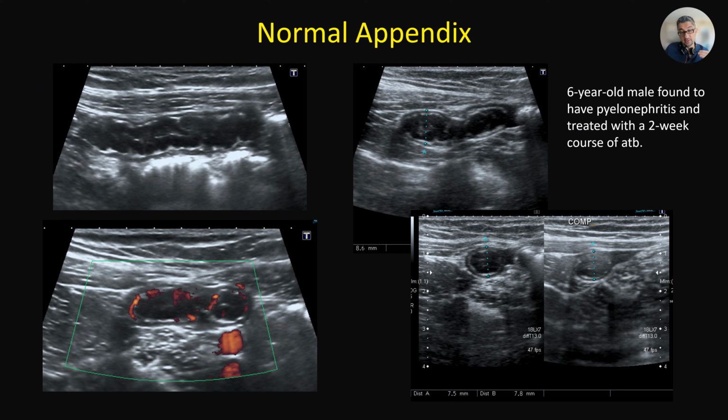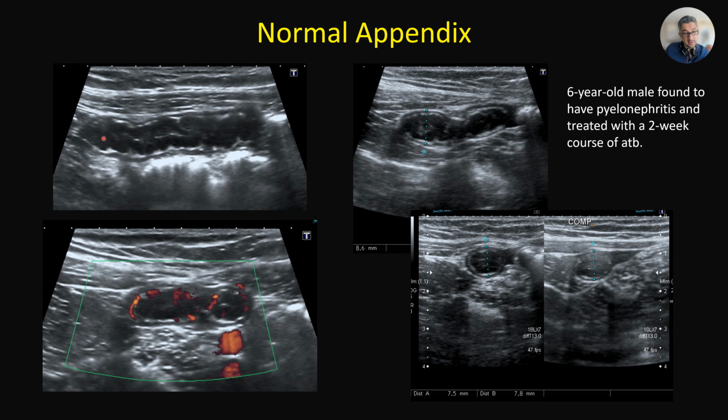Here is another case with normal appendix, but overcalled as appendicitis. 6-year-old male found to have pyelonephritis and treated with 2-week course of antibiotics. On the ultrasound, the appendix looks very distended here, measuring 8.6 millimeter, way over our cutoff of 6 millimeter. But the striking finding is the wall.